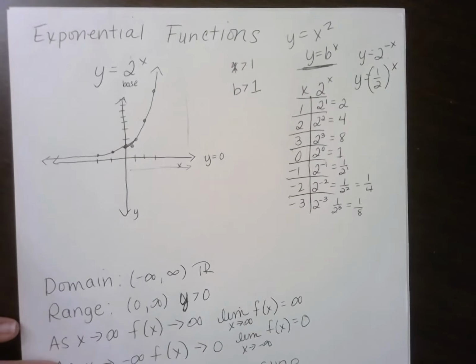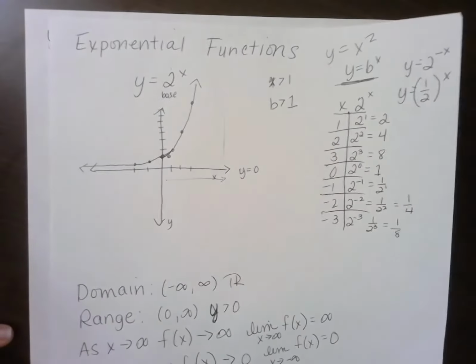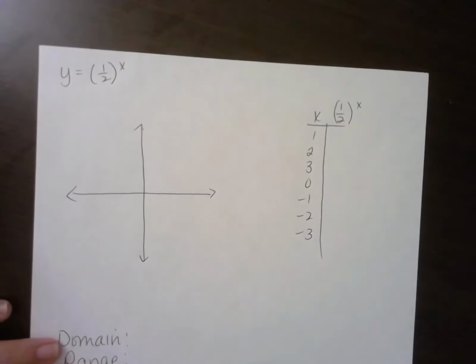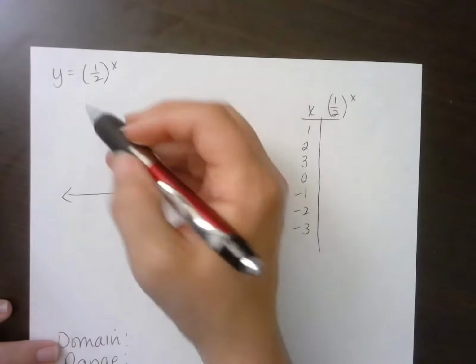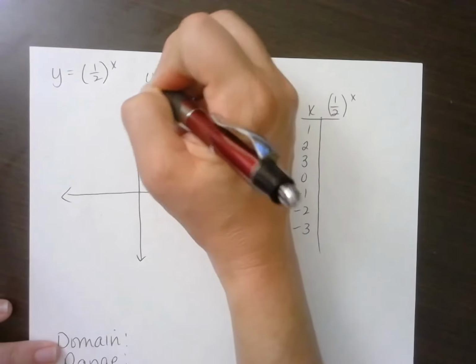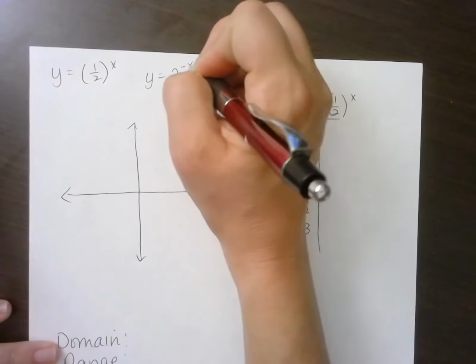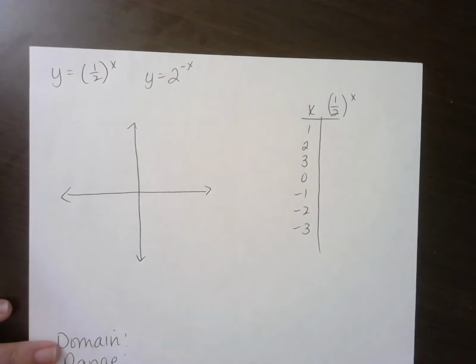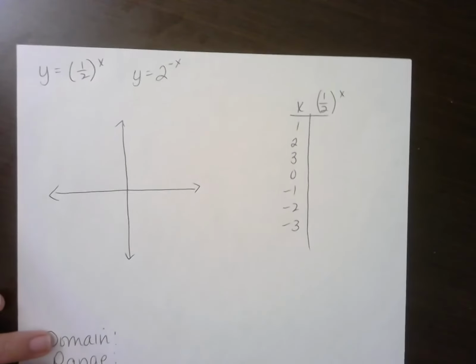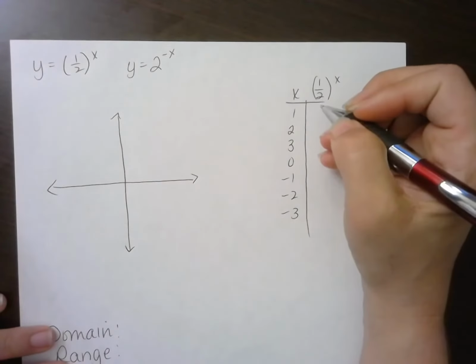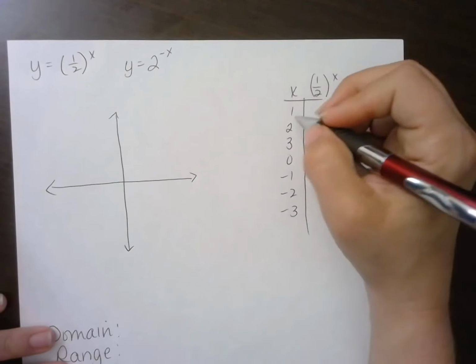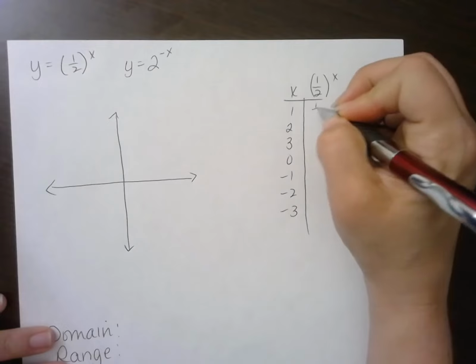Okay? All right, so now we've talked about how y equals 1/2 to the x can also be written as 2 to the negative x. And I thought we would take a quick peek at this graph as well. All right, so if I plug in 1 into 1/2 to the x, I get 1/2.